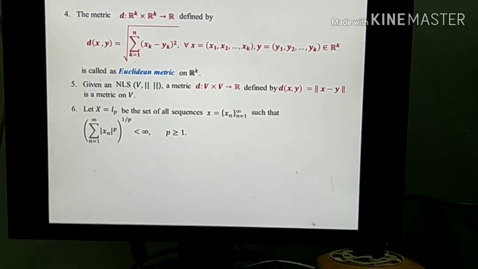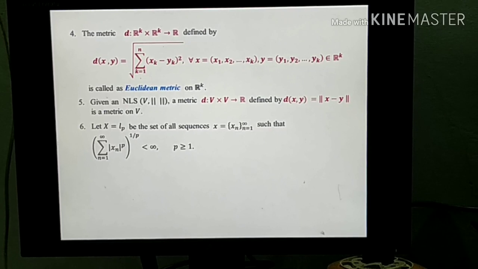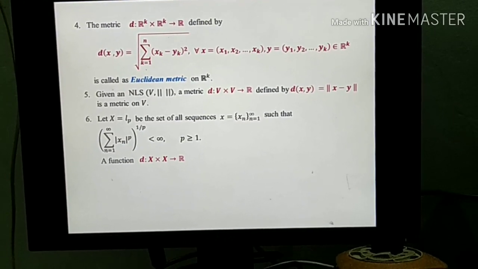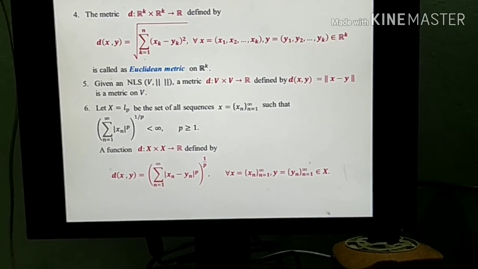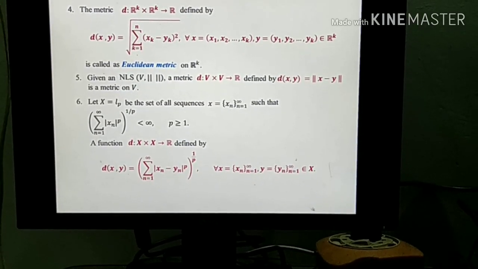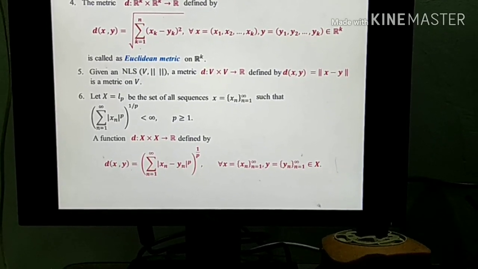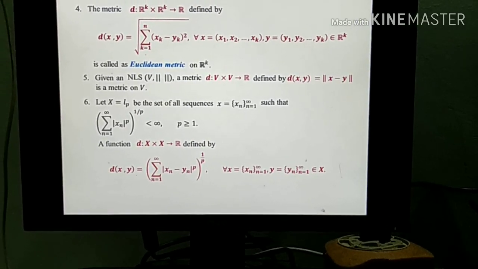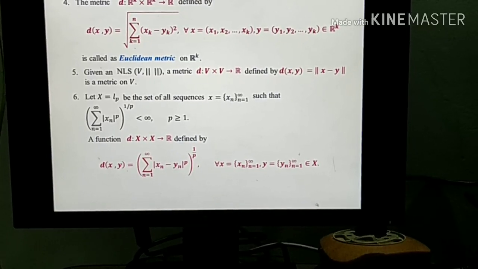Then we have to define the metric d on lp as a function d from X cross X to R defined by d(x,y) is equal to summation of mod xn minus yn raised to p, and the whole summation raised to 1 upon p, for all the sequences x equal to xn, n from 1 to infinity, and y equal to yn, n from 1 to infinity, in X.